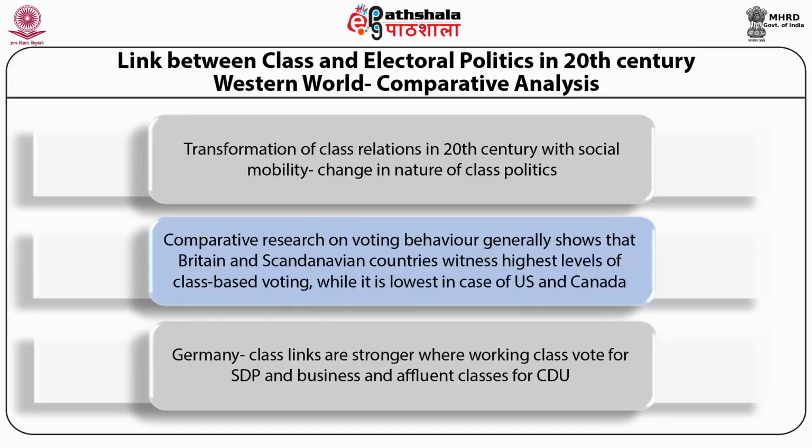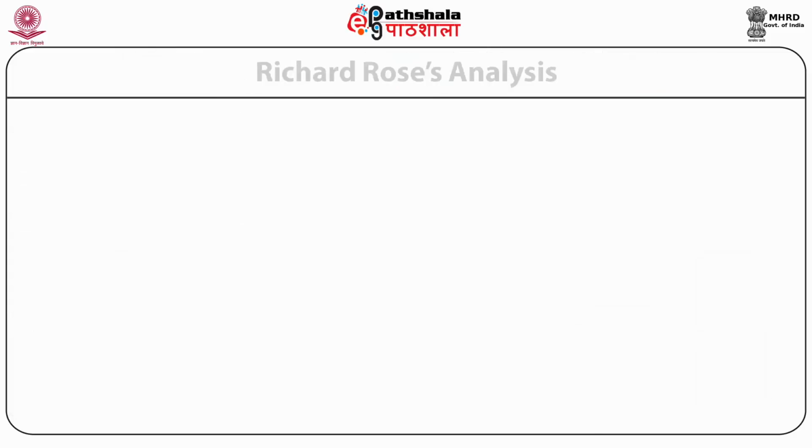This is clearly indicated by the fact that the working class mainly votes for the Social Democrat Party, which is more oriented towards the left, and the business and the affluent classes of German society mainly support the Christian Democratic Union, which is the rightist party in Germany.